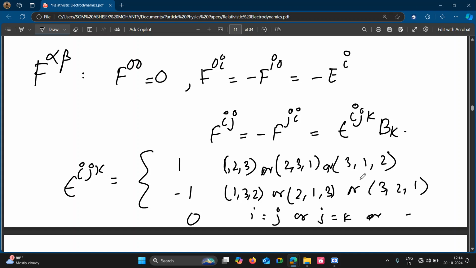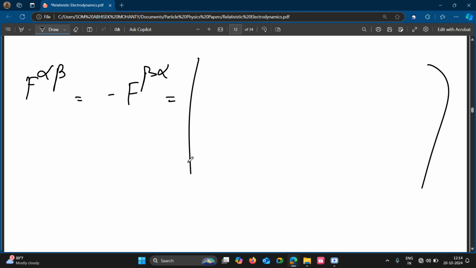Okay. So let's write the matrix for this electromagnetic field tensor. F alpha beta is equal to minus F beta alpha, so all the diagonal elements will be 0. So let's write them 0, 0, 0, 0.